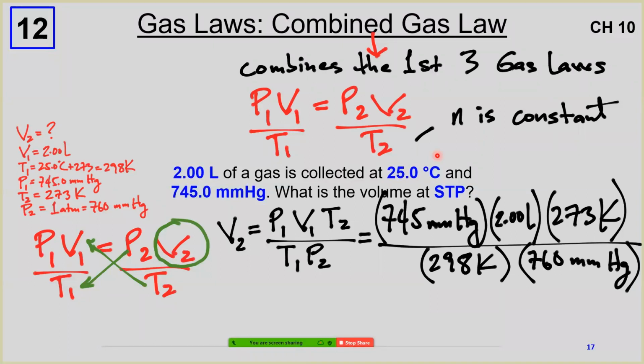You can see millimeter mercury would cancel with the one down here. Kelvins would cancel, and you're left with liters, the volume. Plug this into the calculator: 745 times 2 times 273 divided by 298 times 760. And we get 1.80 liters.